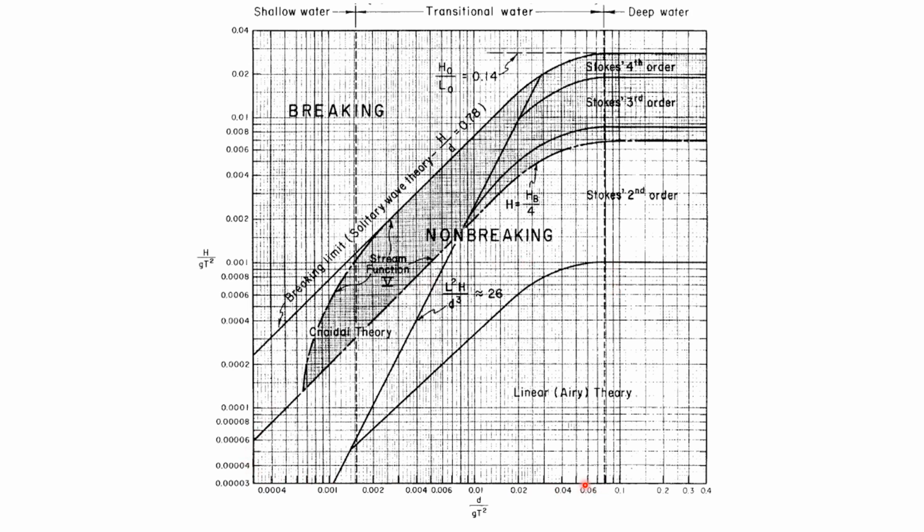So if the condition is outside this region, then we need to be aware that linear wave theory is no longer directly applicable, and so we may have to use more sophisticated nonlinear wave theory.